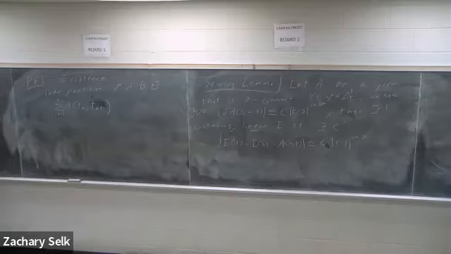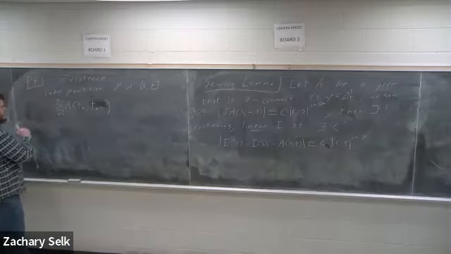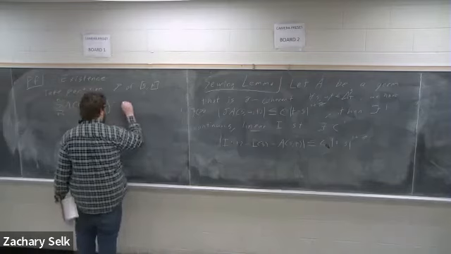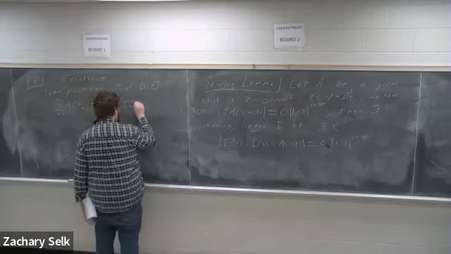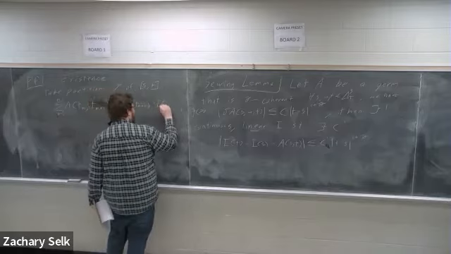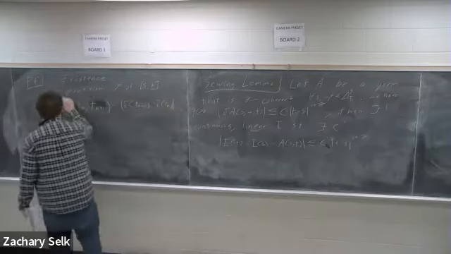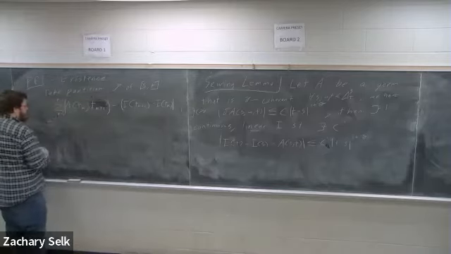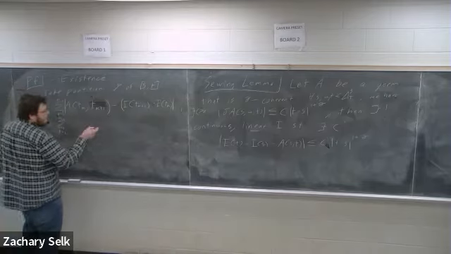Okay. Now I remember what I was trying to say. If we take this partition and then we subtract off I of t_{k+1} minus I of t_k, and we look at the absolute value of this, then this is bounded above by the sum from k equals 1 to n.